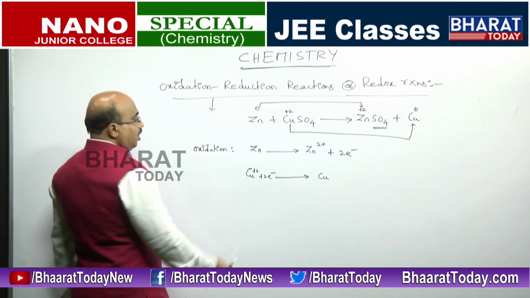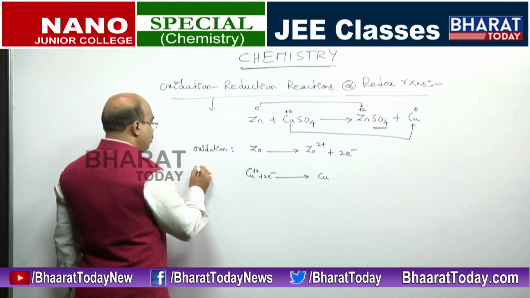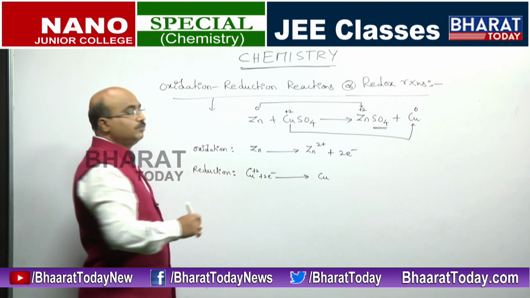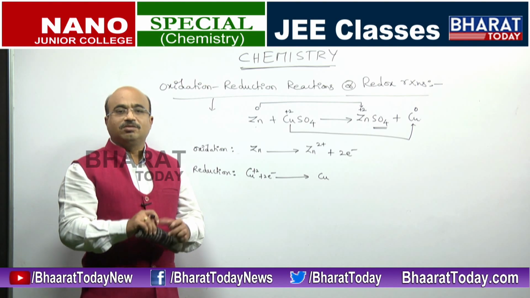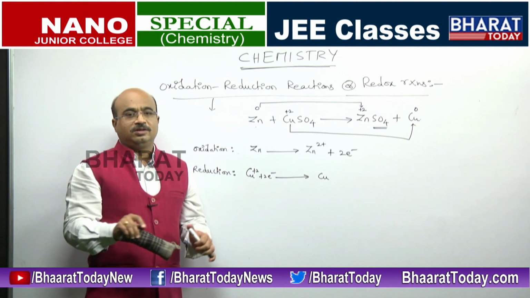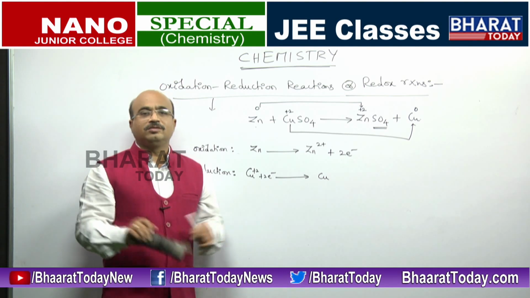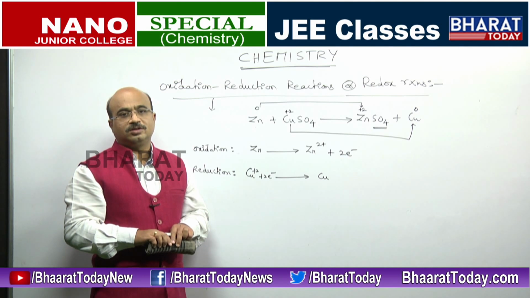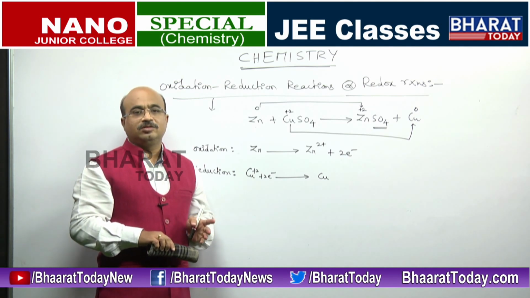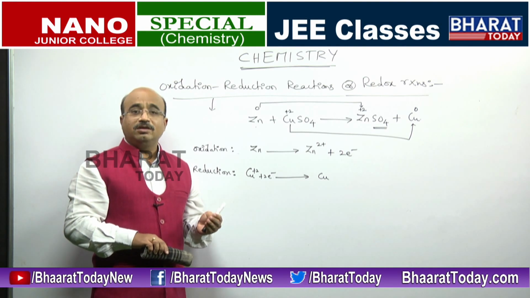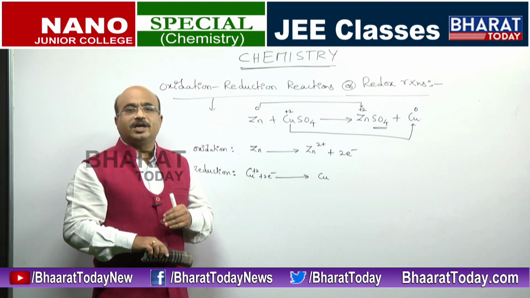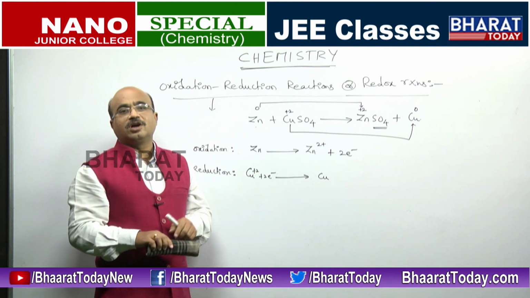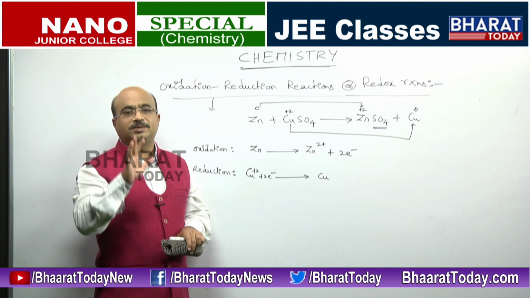Here electrons are gained, therefore we call it reduction. But in this equation we have not removed oxygen, we have not involved hydrogen, we have not involved anything, yet the reaction is a redox reaction. It has reduction and oxidation. So to define such reactions, the generalized electron concept is used.